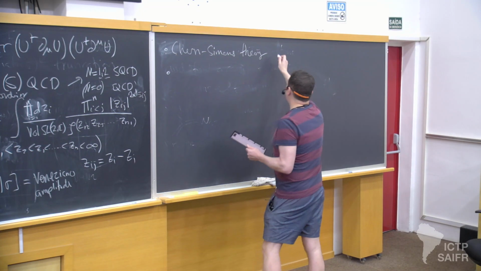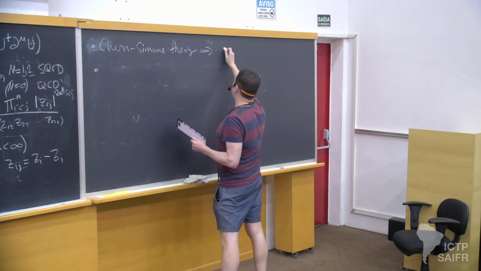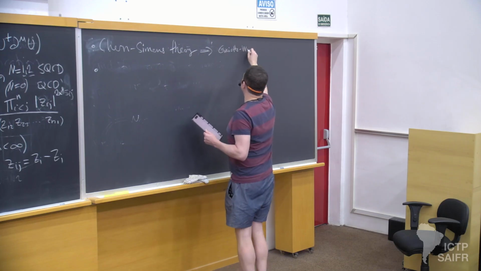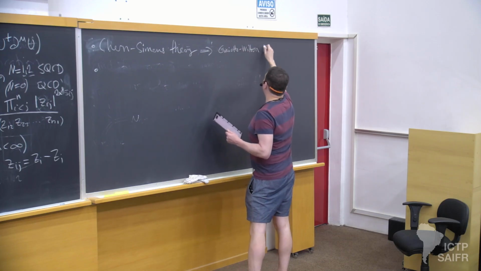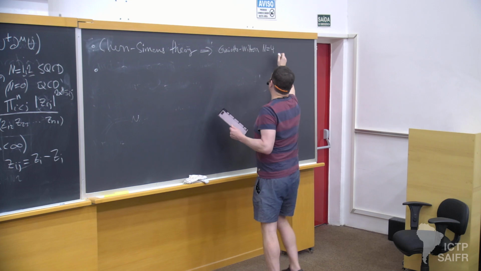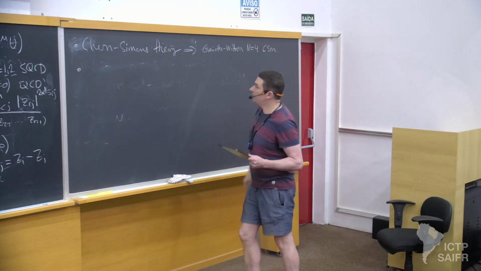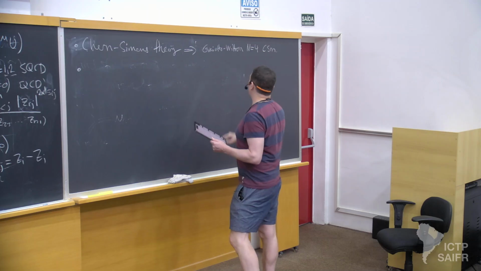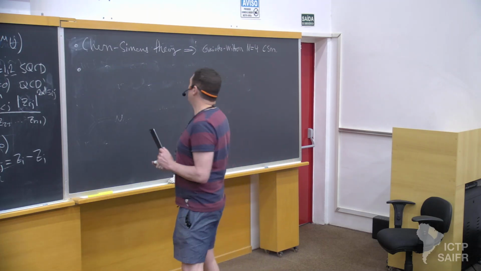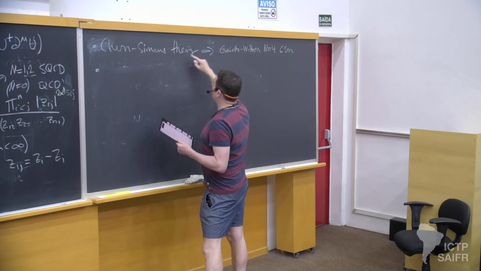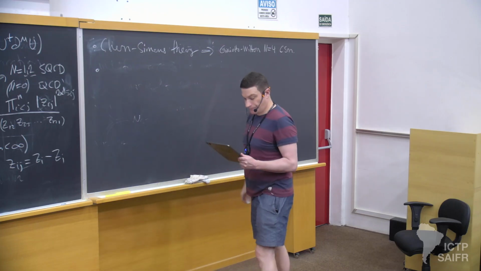Well, I could say that there's an extension of this case, which we call Gaiotto-Witten, N equals 4 Chern-Simons matter theory. So that's how people write it. So that one also seems to work. That also seems to satisfy color-kinematics duality. Although we don't have a kinematic algebra for this one, only for the pure Chern-Simons theory.